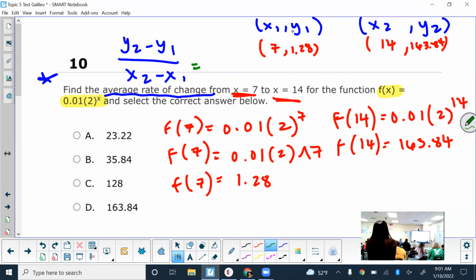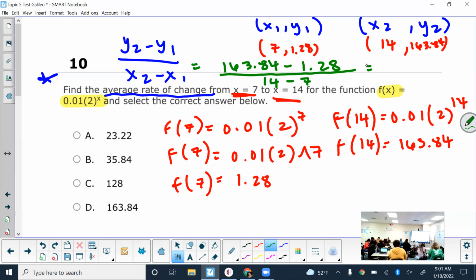All right, so if I labeled it like this, then it is 163.84 minus 1.28 over 14 minus 7. I'm going to subtract it out. On top, I get 162.56. On the bottom, 14 minus 7 is 7.